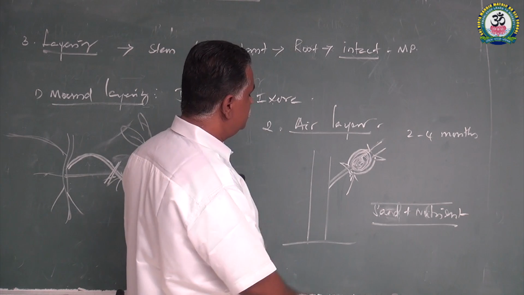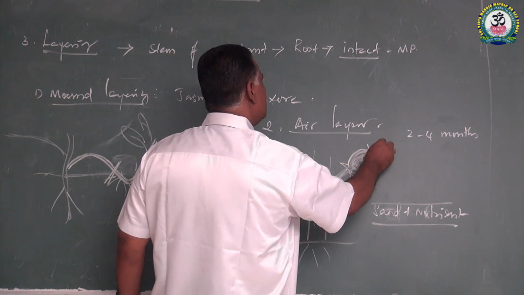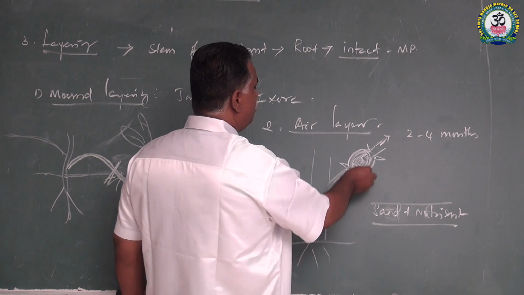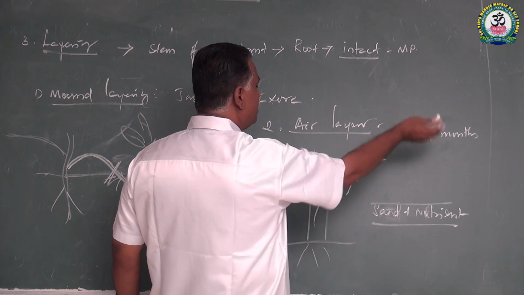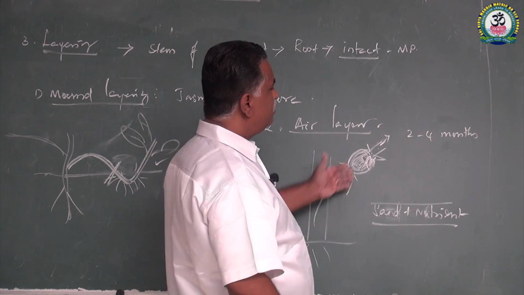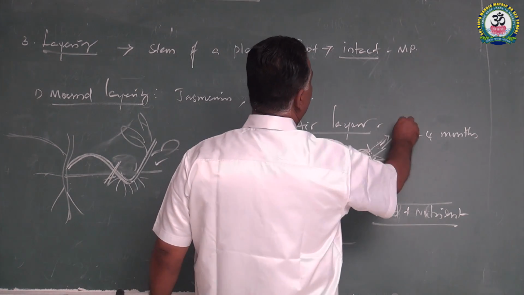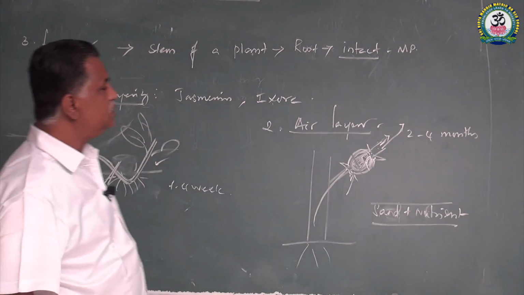See what happens: water supply is provided to this area, but the bark of this plant, the upper part, will start producing roots, and after 4 months this can be detached and this branch can be grown into a new plant. So this is a method.